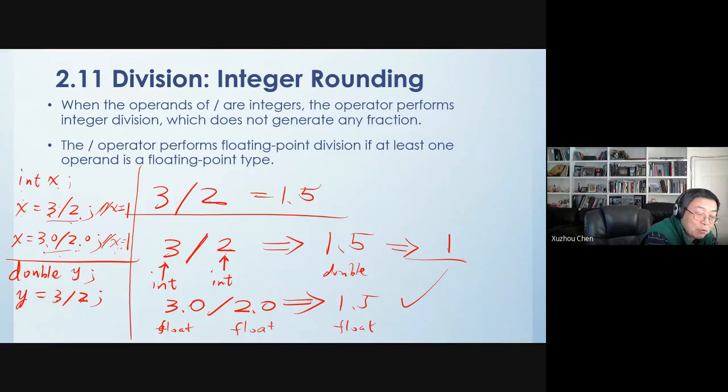So 3 divided by 2, because both are integers, the result is going to be an integer as well. So this is going to give you 1. Now 1 is going to be assigned to y. y is a double. So eventually y gets 1.0. See the point here?